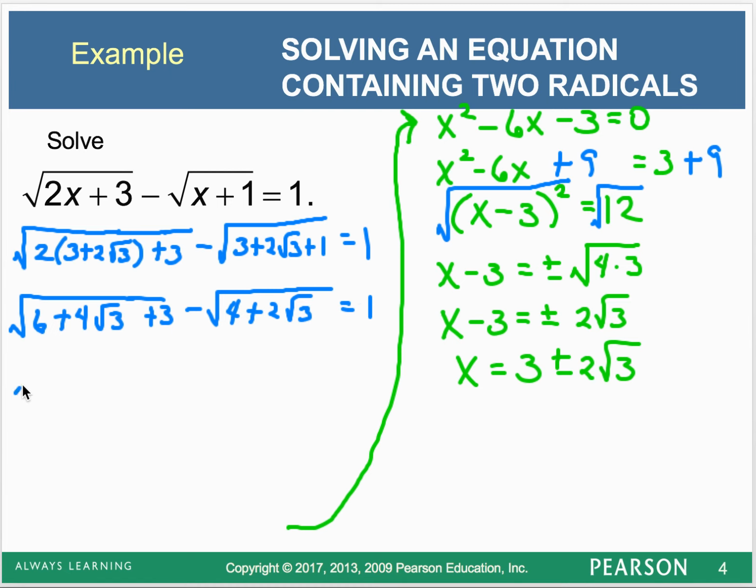So now we've got 9 plus 4 square roots of 3, minus 4 plus 2 square roots of 3, and we want to know if that equals 1.